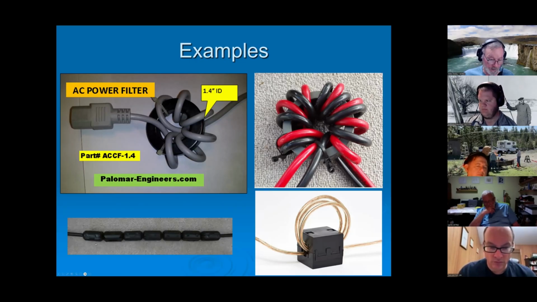This is pretty inexpensive to do. But the key is that this isn't getting the benefit of having that cable wrapping through it multiple times. So this is nice, but it's not going to be anywhere near as effective as, let's say, the one above that, where you're wrapping it around the ferrite multiple times.